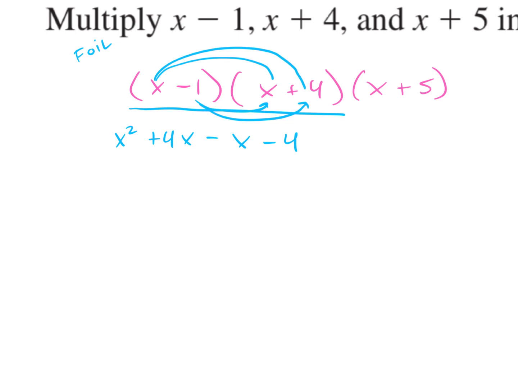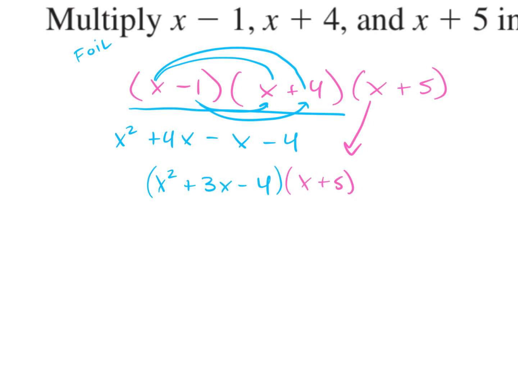Let's combine like terms just to make this a little bit more simplified so it's easier when we multiply the third one to it. So I have x squared plus 3x minus 4. And then we're multiplying that times x plus 5, so the third one.